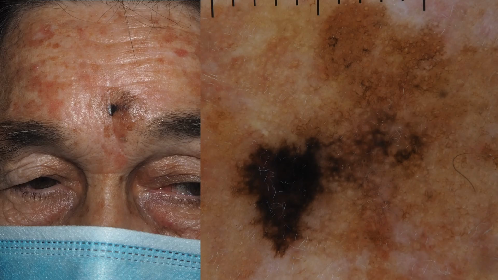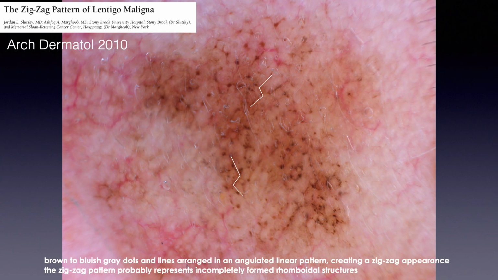And that's okay when we are dealing with clear-cut melanomas. When we look at the lesion, it is very easy to say that something is not right, either because we were able to see one of these classic criteria or some other criteria described, such as the zigzag pattern, which might be the beginning, the incompletely formed rhomboidal structures.